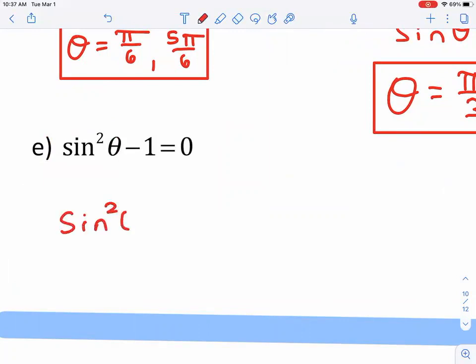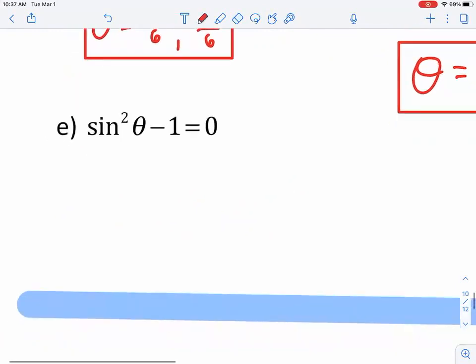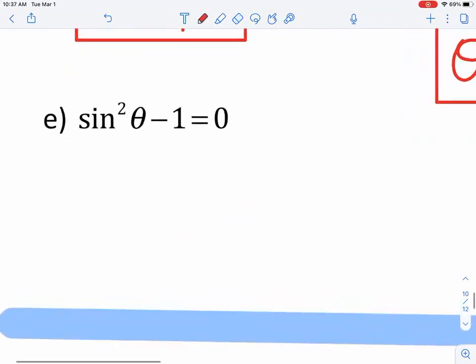Sine squared theta, that means if you take the sine of theta and then square the whole thing, like you're not squaring the angle, you're taking the sine of the angle and then squaring it. Okay, it's just written in a different spot. It's not really what we're used to, but I just don't want you to be too confused about that.